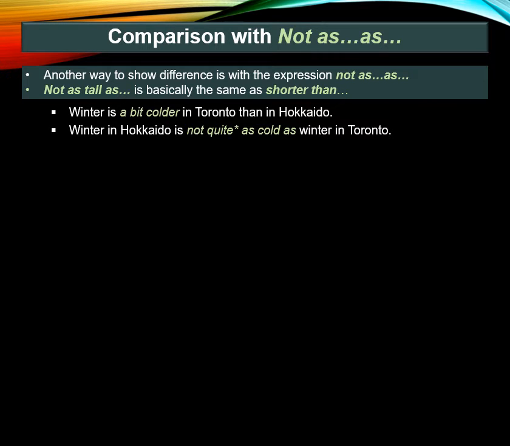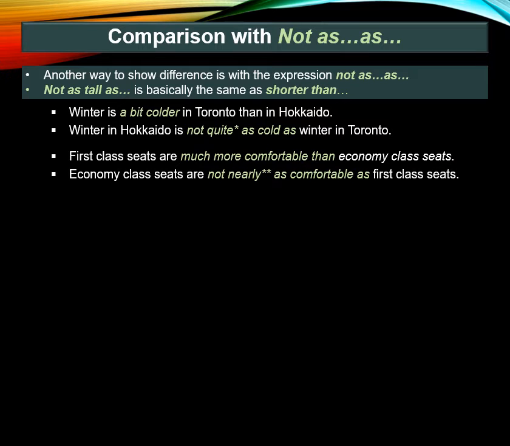For example, winter is a bit colder in Toronto than in Hokkaido. Winter in Hokkaido is not quite as cold as winter in Toronto. First class seats are much more comfortable than economy class seats. Or economy class seats are not nearly as comfortable as first class seats. Same thing.